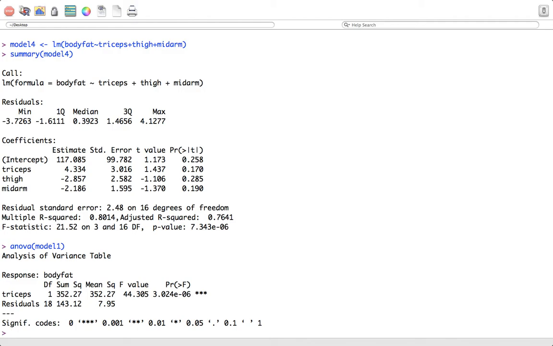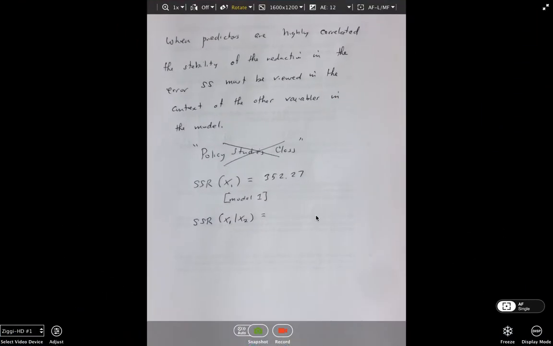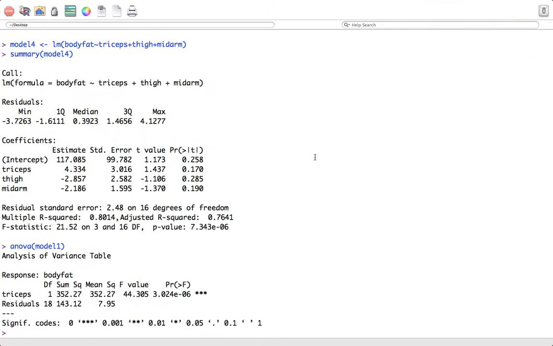Now, I want you to compare that with sum of squares regression when we add x1 to the model, when x2 is already in there. I want to investigate this value, the sum of squares regression, when we have x2 already in the model, and look at the marginal effect of x1. Well, we can easily get that too by looking at, what was it, model 3, I believe, when we had just the x2.